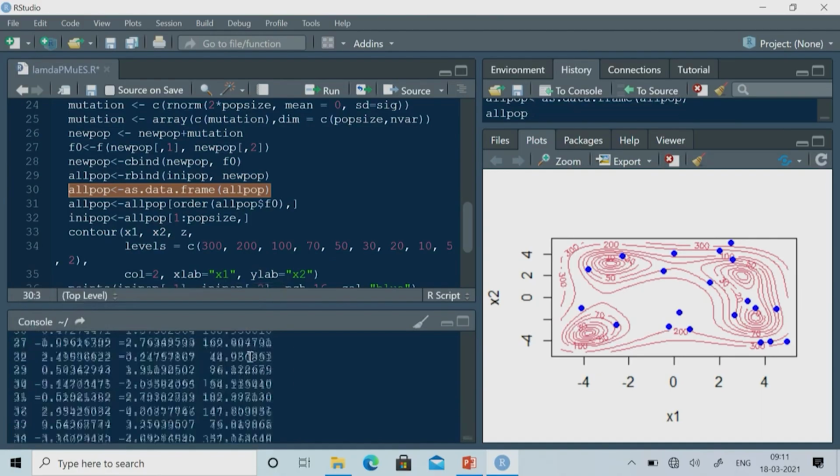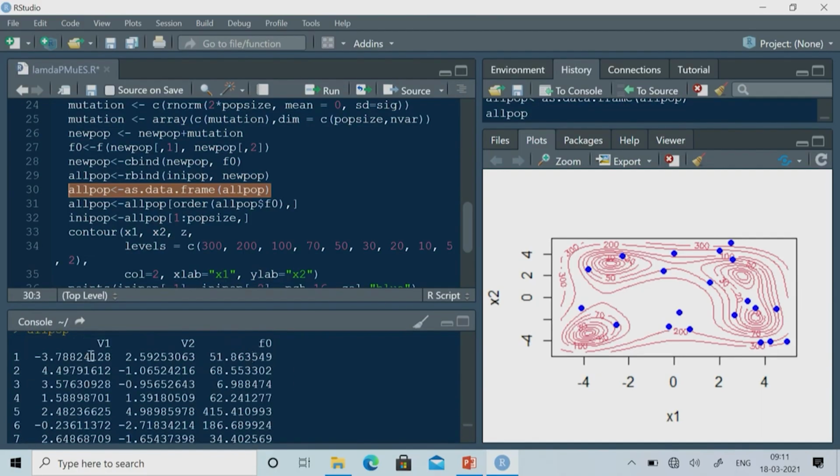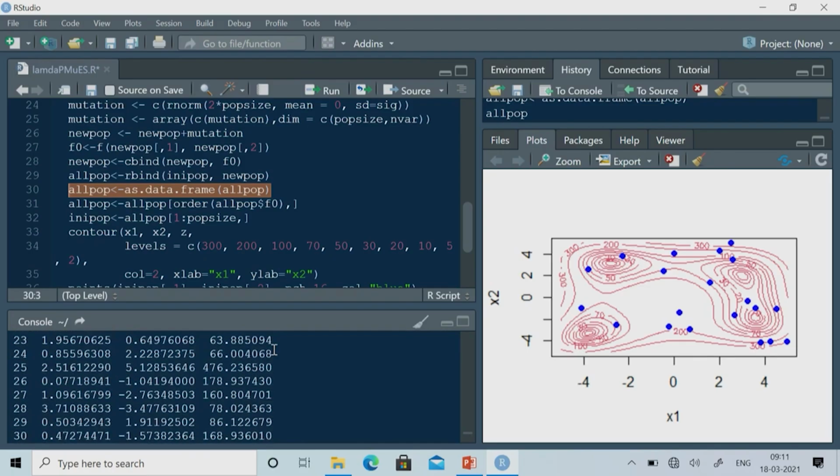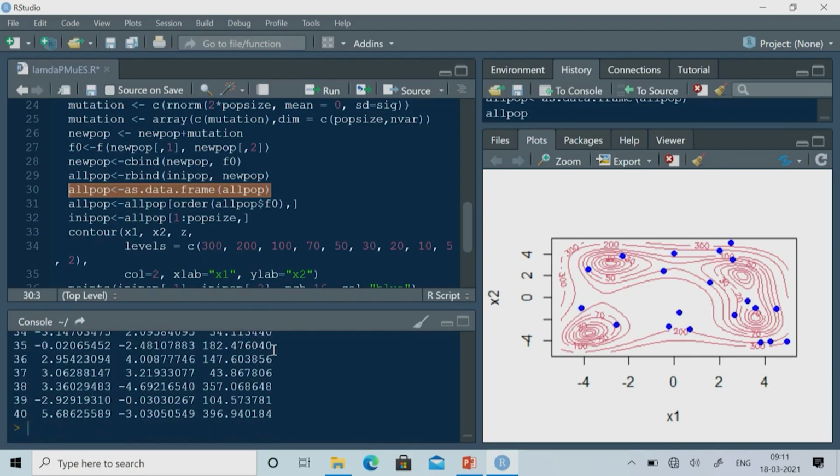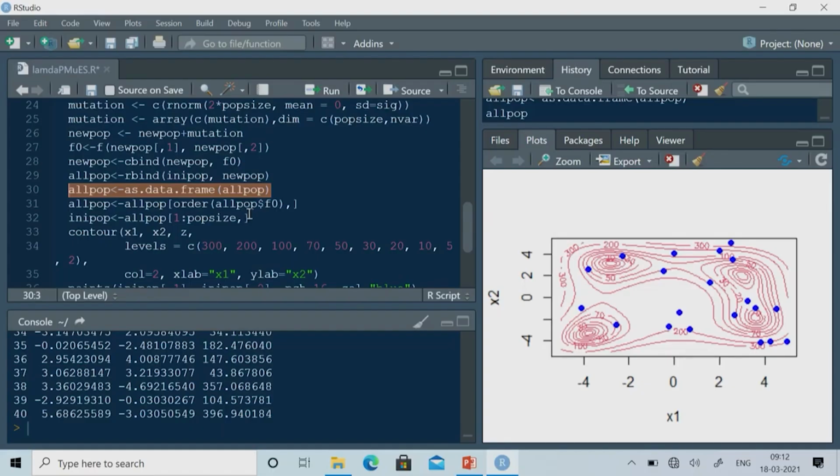You can see now it is a data frame. Here v1 is the first variable x1, this is the second variable, and the third one is the objective function value, and we have a total of 40 solutions.